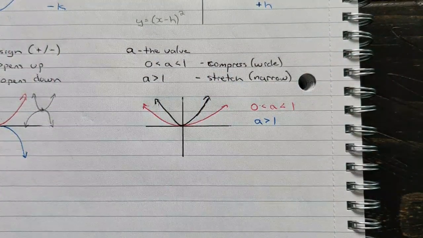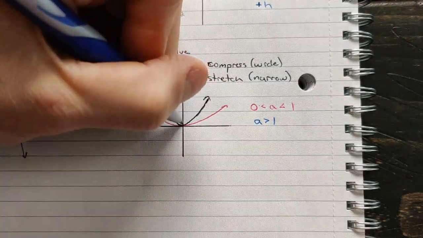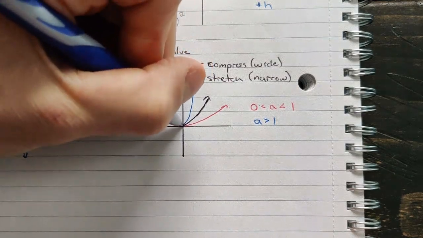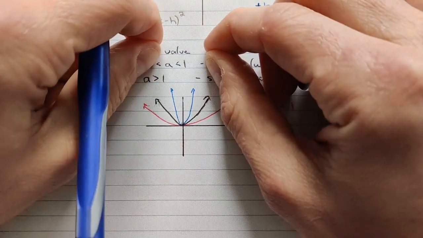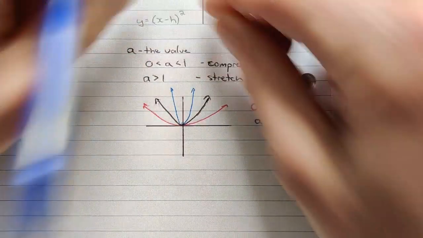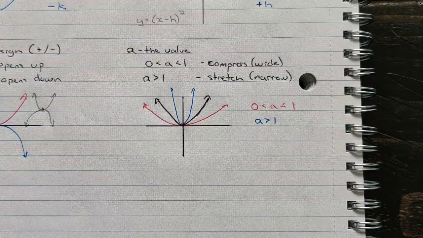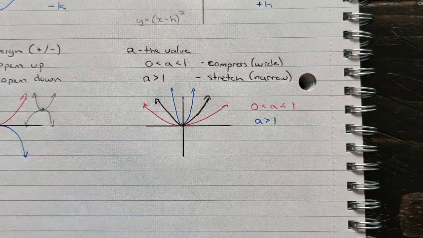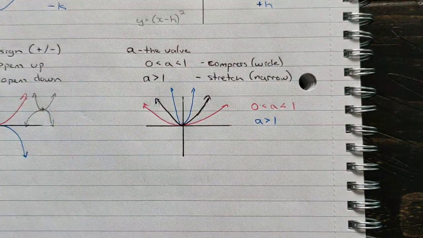And then in the case of a number greater than 1, the graph stretches out. You take it and pull it up. The A base value is always 1, and it can't be 0.